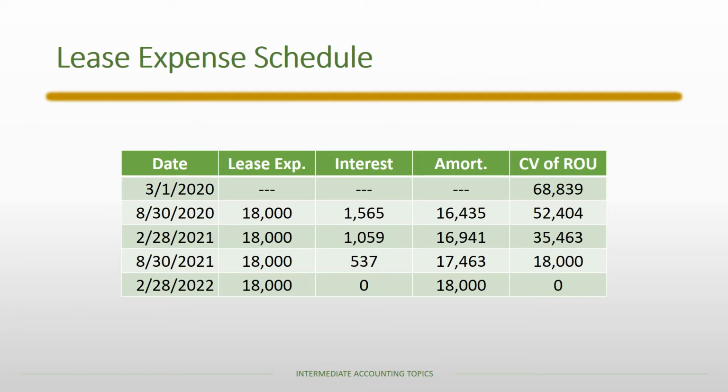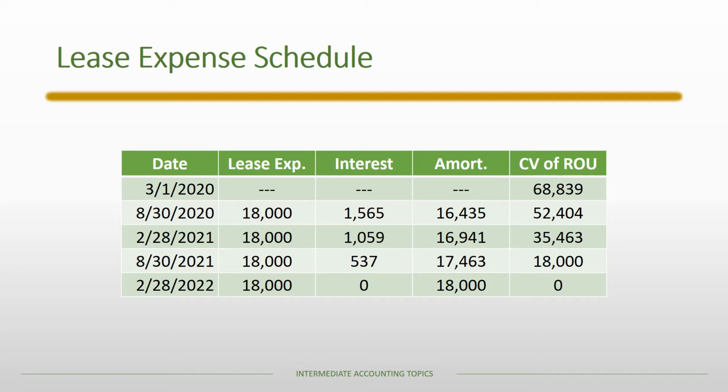So this is where it gets a little bit different. With an operating lease, rather than having a straight line amortization, you follow what's called a lease expense schedule. Essentially, it allows the amortization of the lease asset to offset the amortization of the lease liability so that the lease expense is constant.